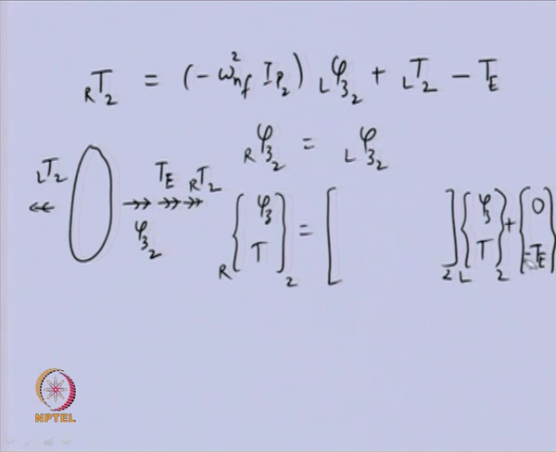So, we expect another term here, coming from the external torque, and we will have here 1 0 1 and minus omega n f I p. So, this was the previous point matrix. Now, because of the external torque, an additional vector is coming. The difficulty is that we were earlier able to transfer the state vector from one end to another by just multiplying by the point matrix, but now we need to add this also.